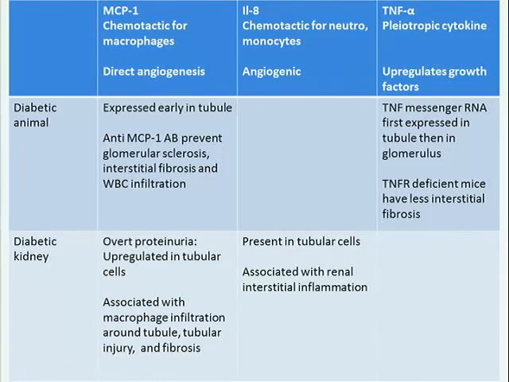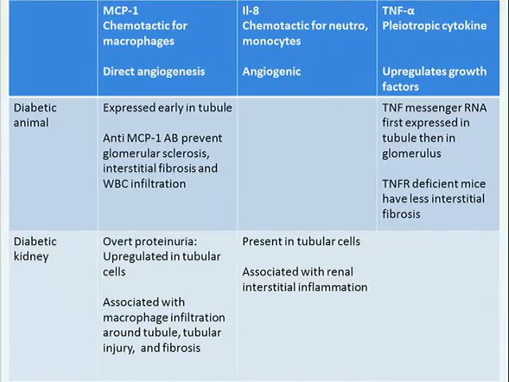In the diabetic animal, as you can see, TNF-alpha and MCP1 are mostly expressed in the tubule here, and this is consistent, of course, with what we think is happening in renal failure.